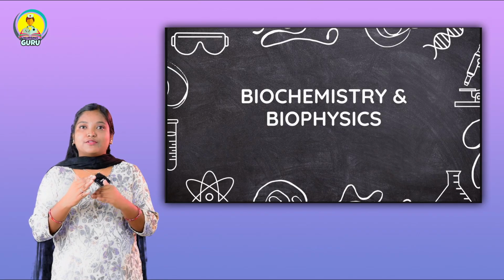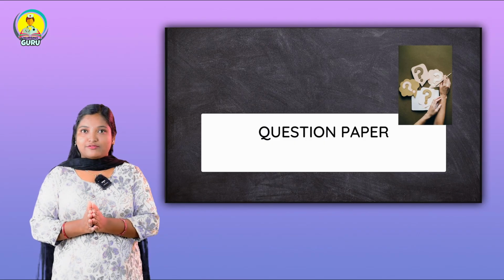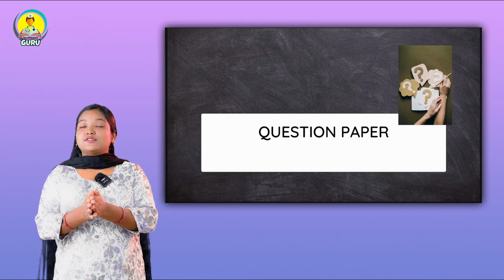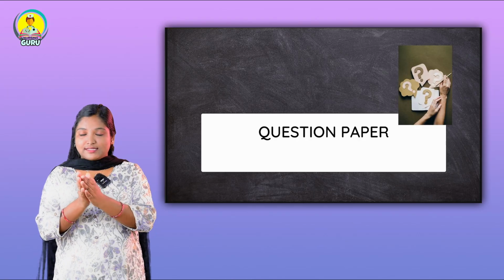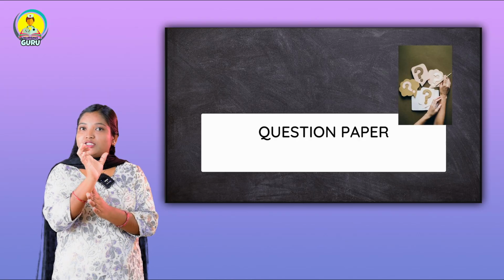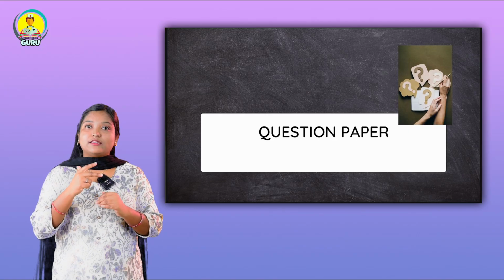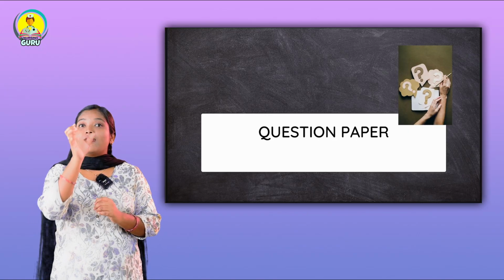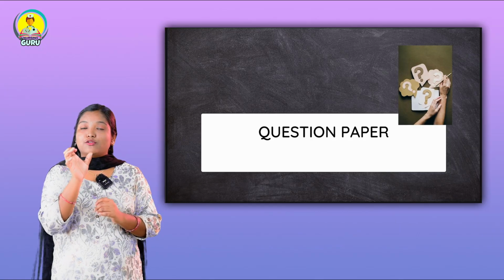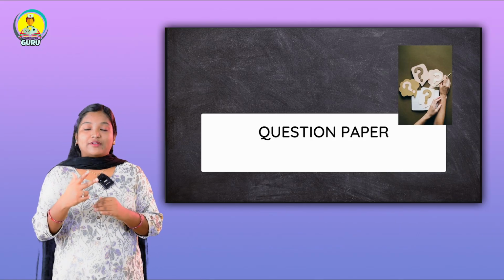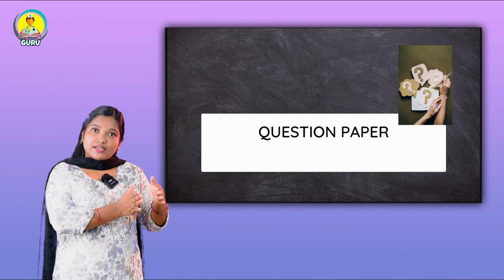Next we need to move towards the question paper pattern of biochemistry and biophysics. Students, don't be confused: in biochemistry and biophysics, the subject is the same. The duration of the examination is 3 hours, but we are going to attend 2 different question papers in those 3 hours. In the same 3 hours we write 2 papers; biochemistry is one paper and biophysics is a different paper.